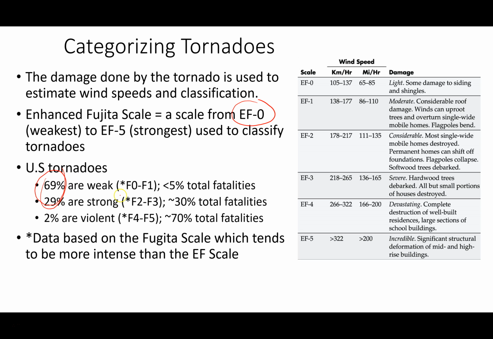Most tornadoes are 0 to 3, but the only 2% that are violent account for 70% of the fatalities. So how do we classify them? We classify them after, when your insurance adjuster gets out there and looks at things, to see what category of tornado came your way. So they're done after, and then we estimate the wind speed based upon what we observe.